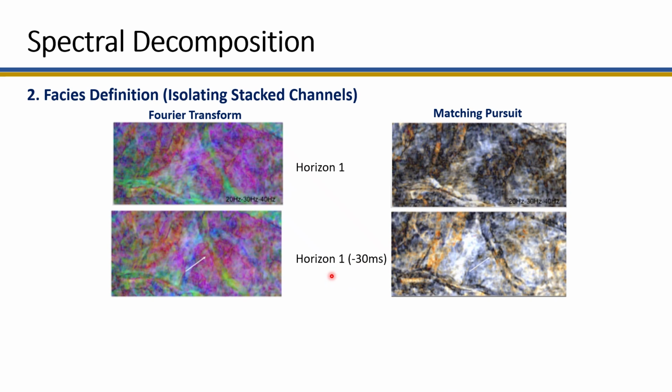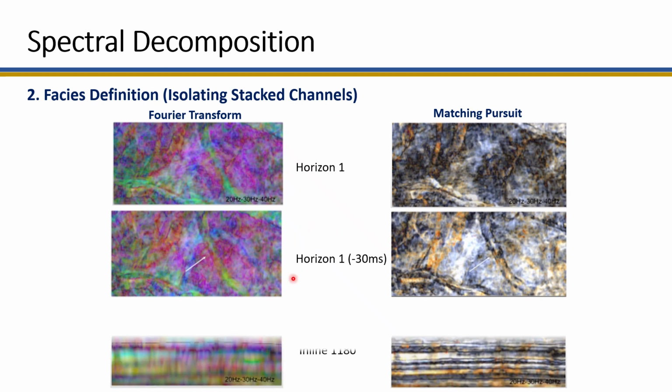So when you shift the horizons down, the channel is no longer there. The Fourier transform technique is smearing vertically, so we are getting an image of that channel over a much greater time window than it truly exists.